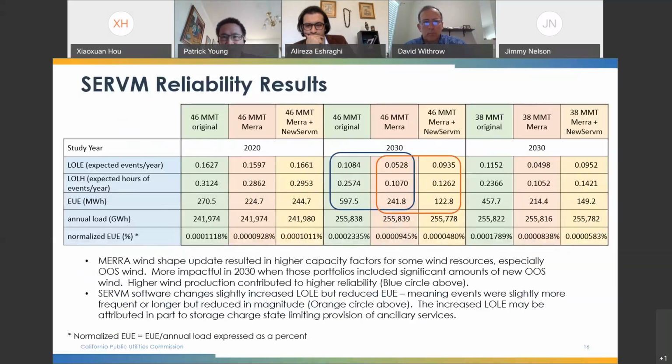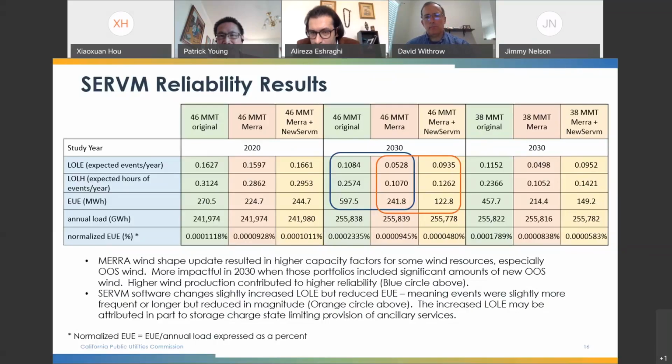Okay, so here are the results. You see a large table with lots of numbers in it. The green columns indicate the original SERVM results associated with the reference system plan before we executed the wind shape and SERVM software update.